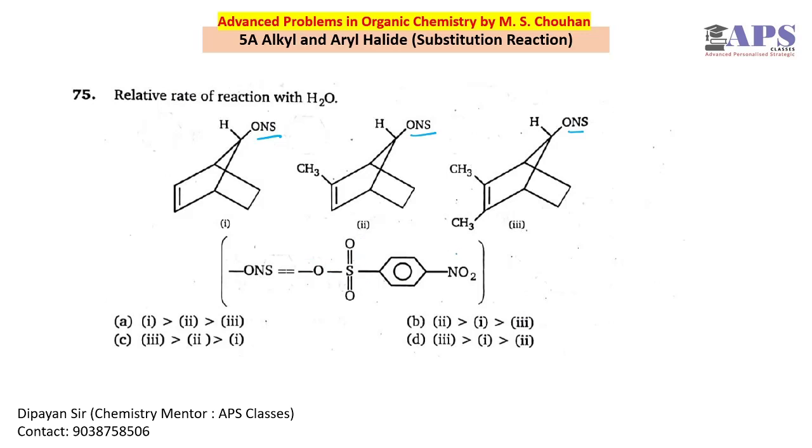Now, the leaving group property will be assisted by this pi bond. How? This is known as field effect. So if we closely look at this molecule, this is our leaving group OTs present.